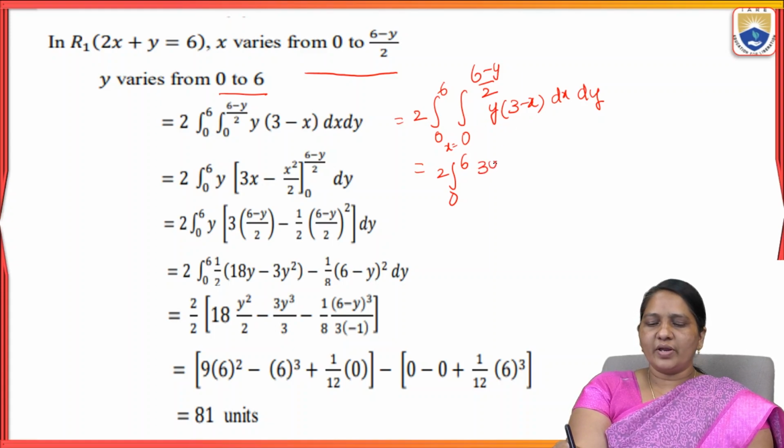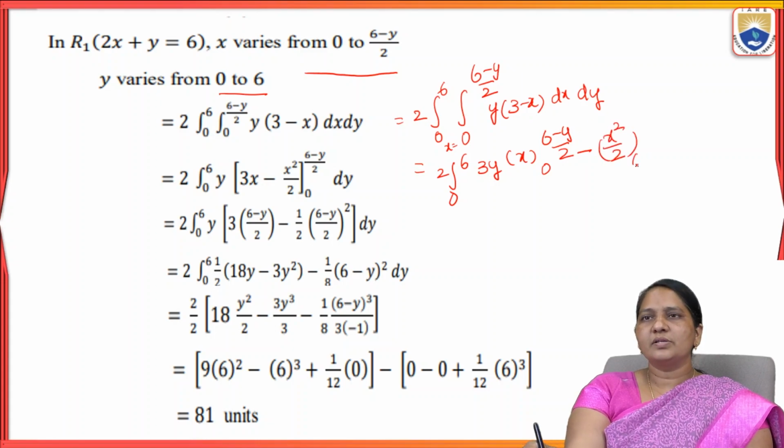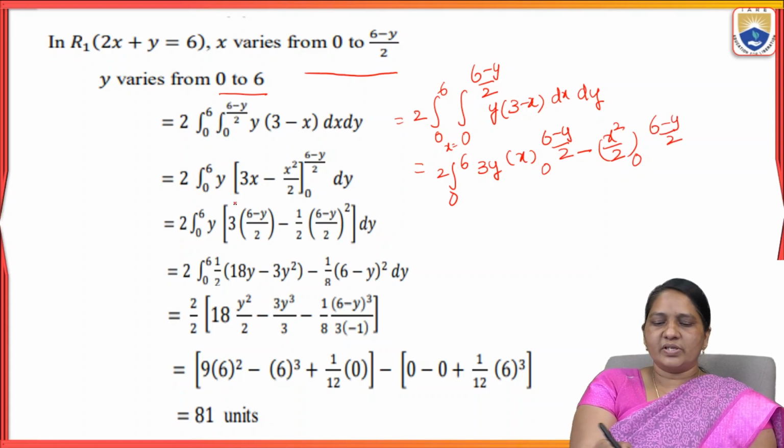So 3y, both are constant, right? So here the integral of dx is x, with limits 0 to (6 minus y) by 2, minus the integral of x dx. The integral of x dx is x square by 2, with limits 0 to (6 minus y) by 2. So that is what we are simplifying here. So 3x minus x square by 2, with limits 0 to (6 minus y) by 2.